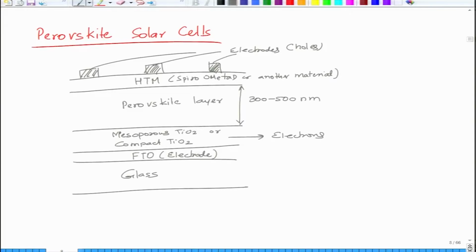Okay. So, this is basically the structure of modern perovskite solar cells, which uses glass followed by FTO, followed by a mesoporous or compact TiO2, followed by a perovskite layer, and then followed by an HTM, and you can have two structures. This structure is generally called a NIP structure.